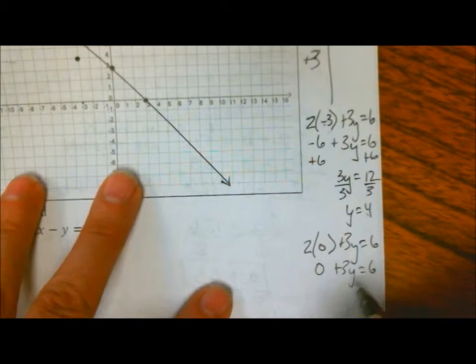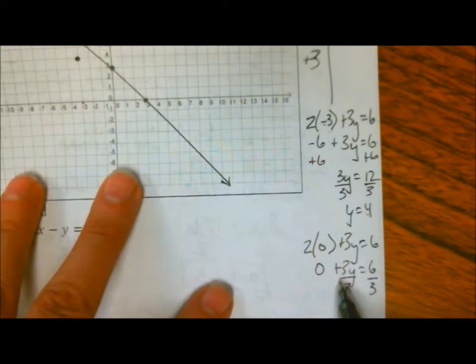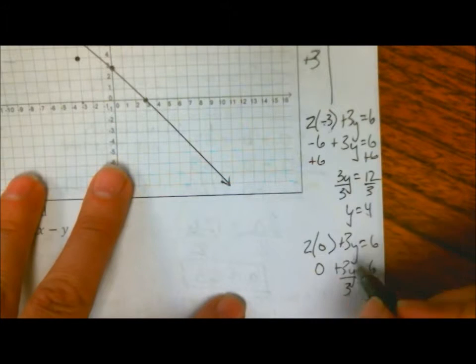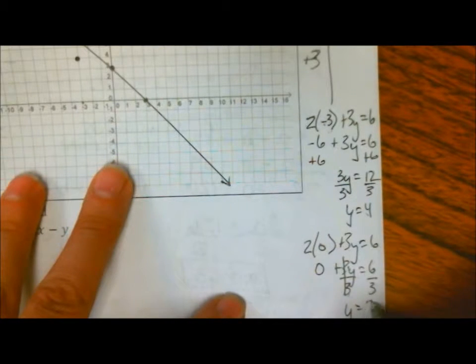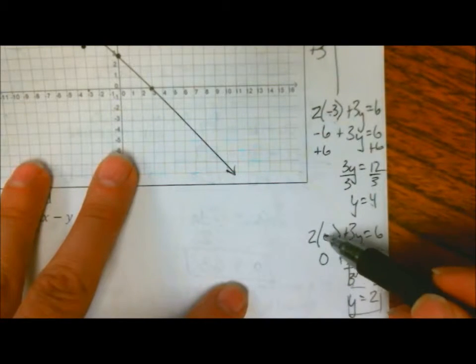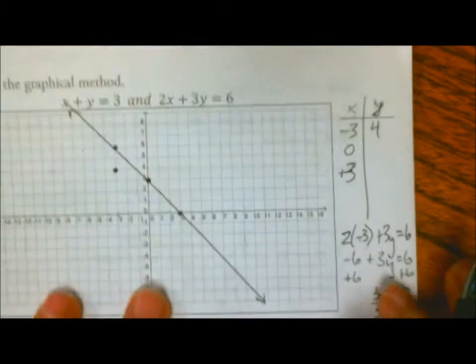That 0 is kind of just gone. If I divide both sides by 3, when I say divide both sides, I put a line here meaning we're making a fraction. A fraction is a division problem. So I'm quite literally just making a fraction out of both sides to divide it by 3. Those go away, I get y equals 2. So when x is 0, y is 2.